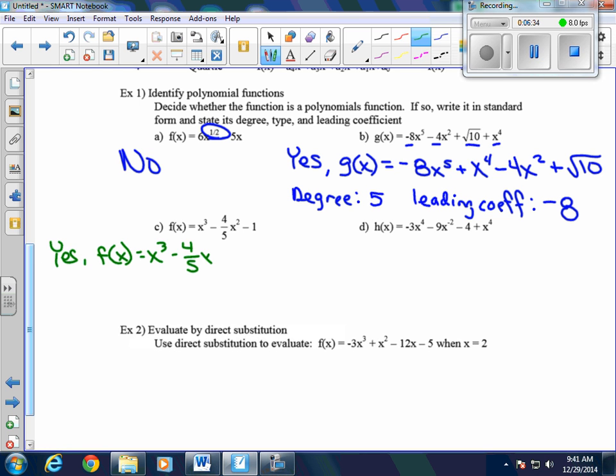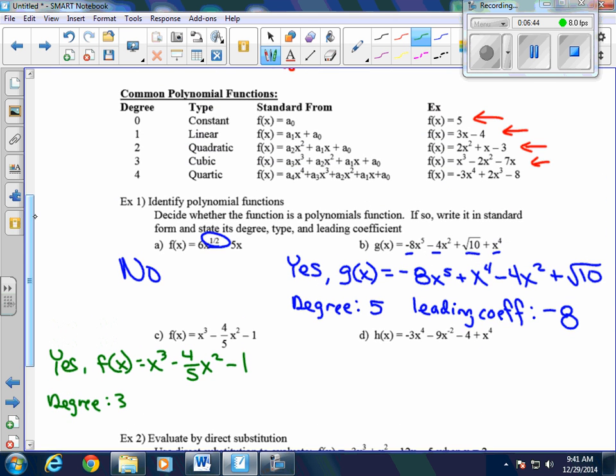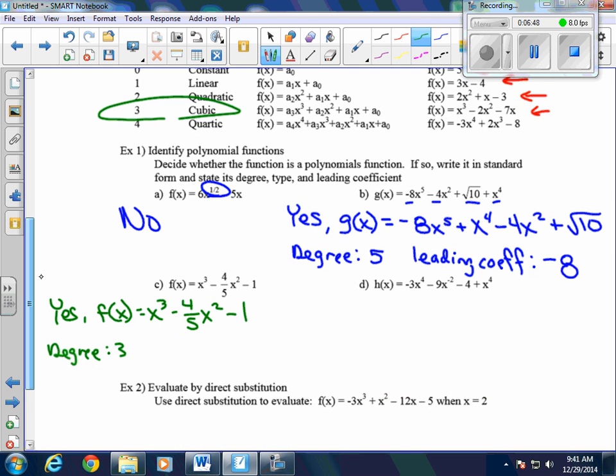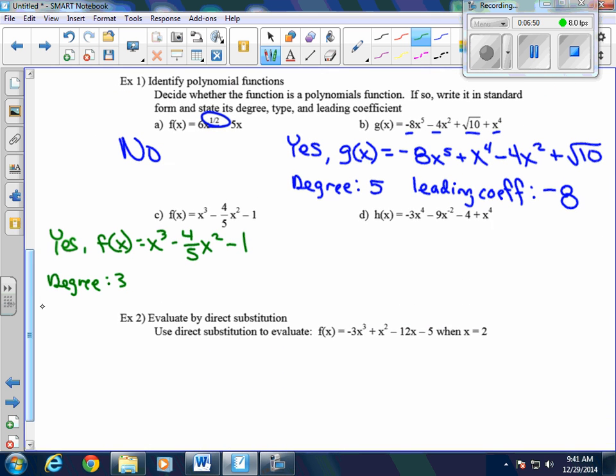So we're just going to rewrite it the way that it is. And the degree is a third degree, which makes it a cubic. Right here we have third degree, so therefore the type is cubic, and then its leading coefficient is 1. And so that's what we have there.